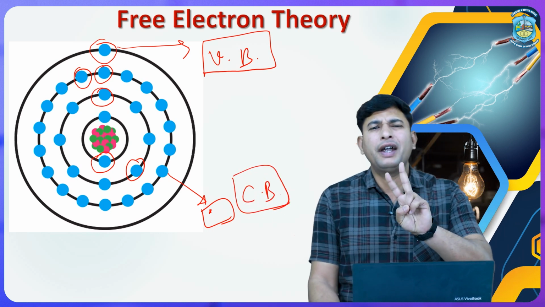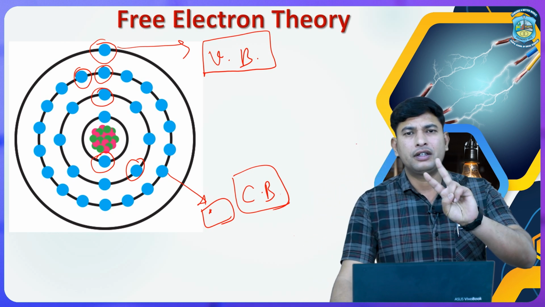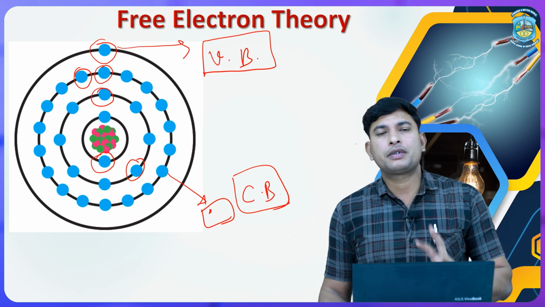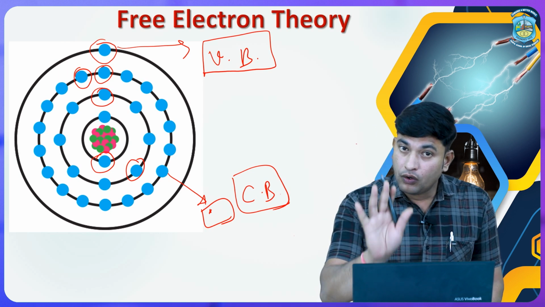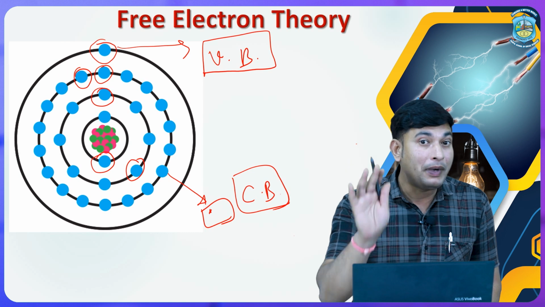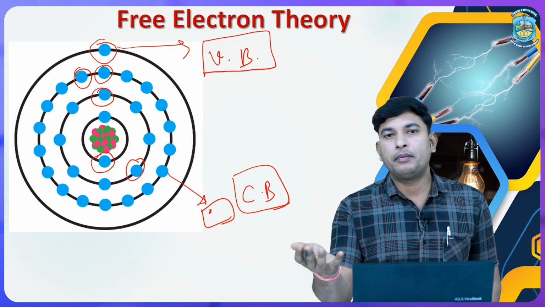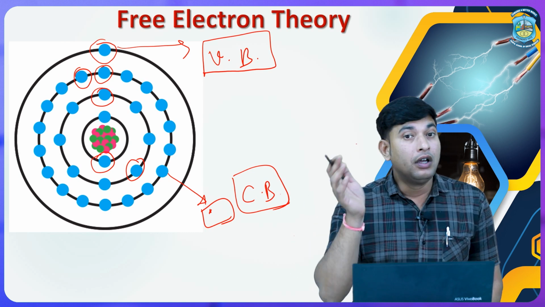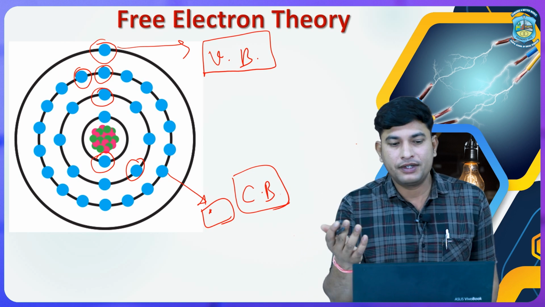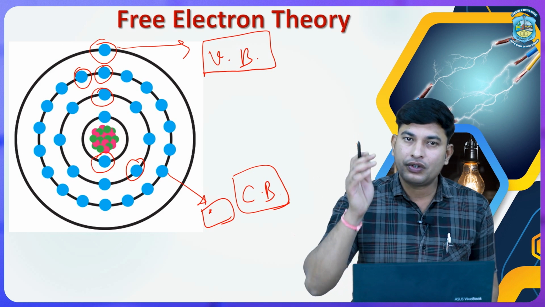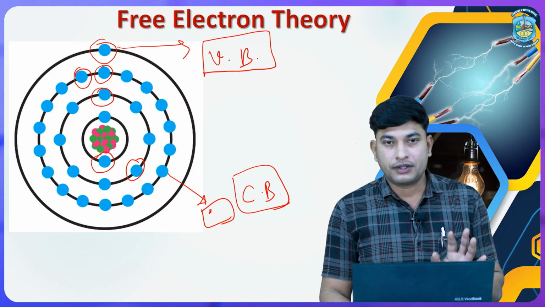So 2 types of bands are there. We can define the movement of electrons in any material: if electrons are in their original places, they are in the valence band. While if electrons come out from their band and are free, we can say that the free electrons are in the conduction band.